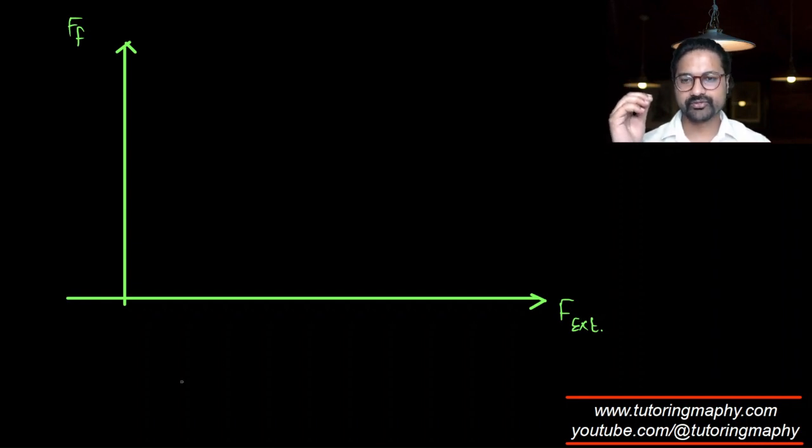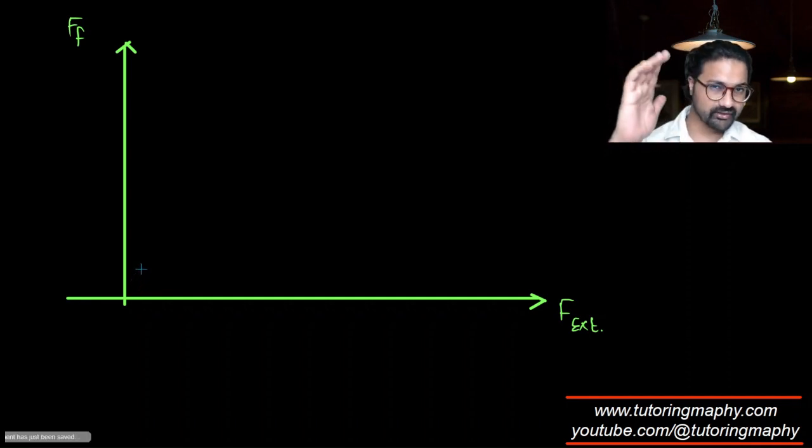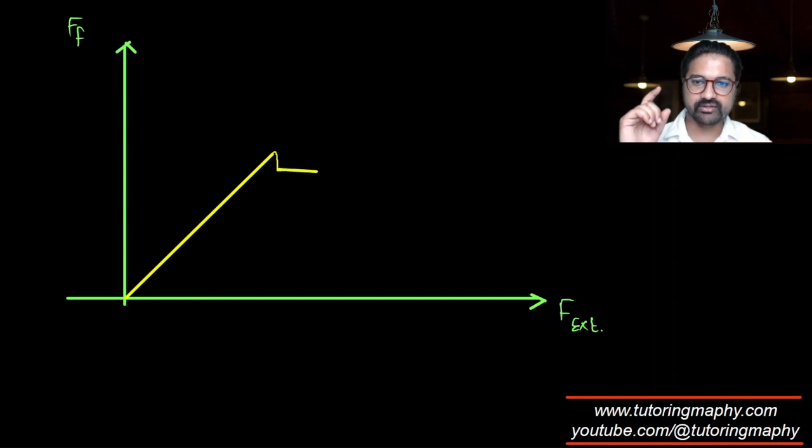Initially, when there is no force, there is no friction, because there is no slipping tendency. As the external force increases, the friction force also increases till 12 Newton, hypothetically. After a time, when dad comes in, there is a sudden drop over here.